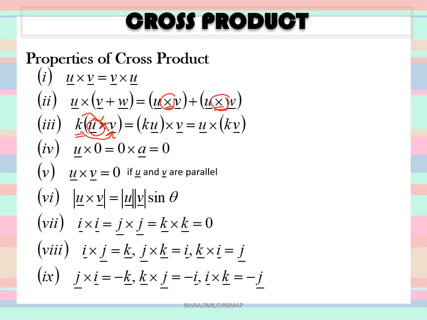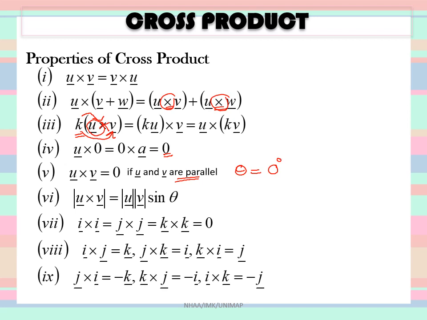Okay, any vector, whether it is u or v, if you cross product it with 0, you get 0. When you perform the cross product and you get a result equal to 0, automatically you know that u and v are parallel, because you got theta equal to 0 degrees.